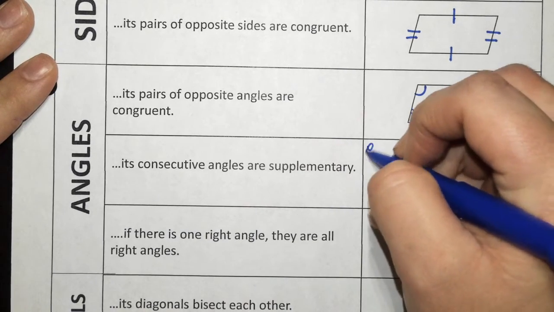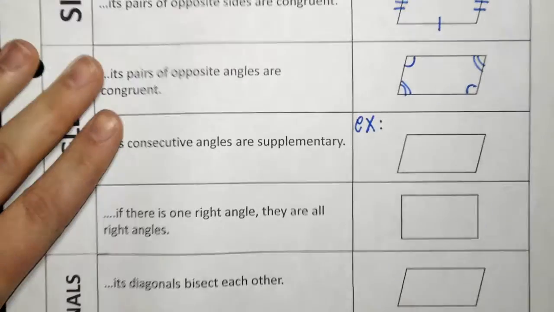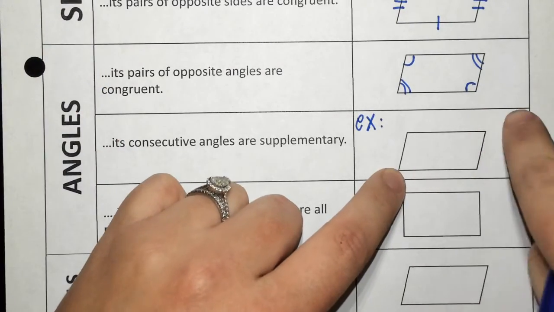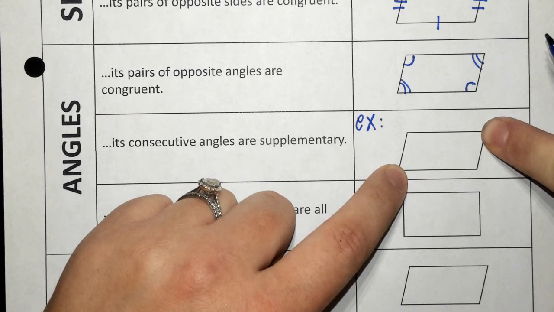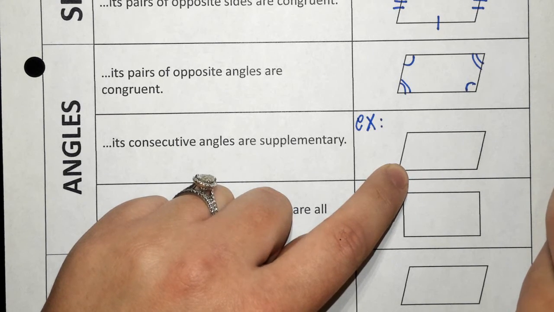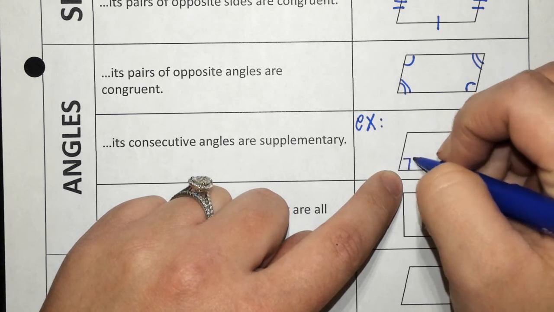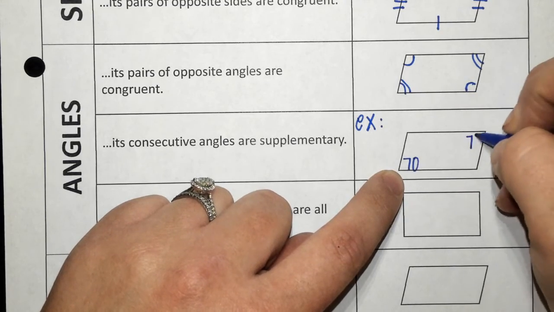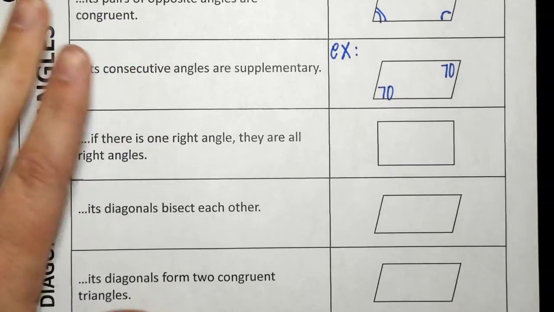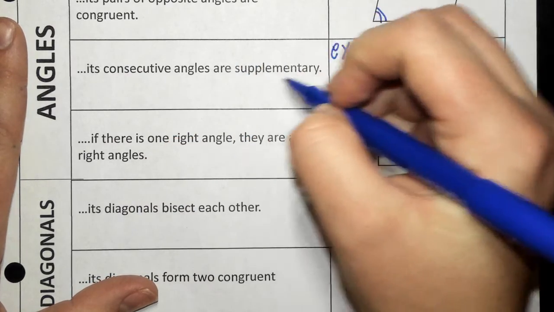So I'm just going to use an example for this one because it works better with an example. These two opposite angles are the same, right? Right. Okay. Brian, give me a number. Bigger than 1. Like between 20 and 70. 70. Okay. If this angle is 70 and this angle is 70, because they're the same, right? Right. Okay. Now consecutive angles have to be supplementary.